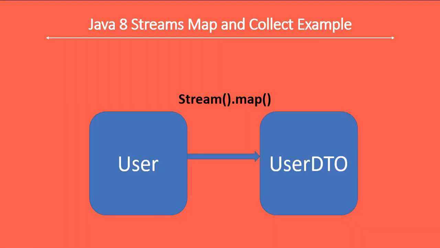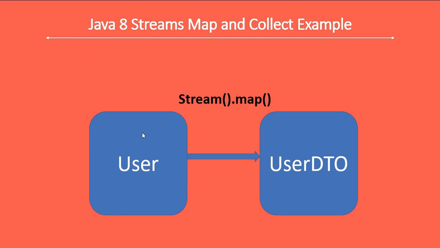In this example, I am going to cover this use case. I am going to map a user object into user detail object using Stream.map method. In typical web applications or REST API projects, we create JPA entities, right? And we map that JPA entities directly to the relational database tables.